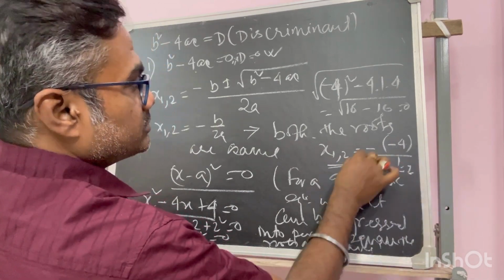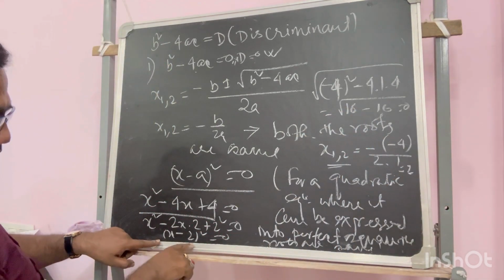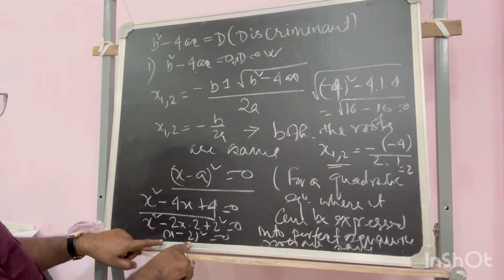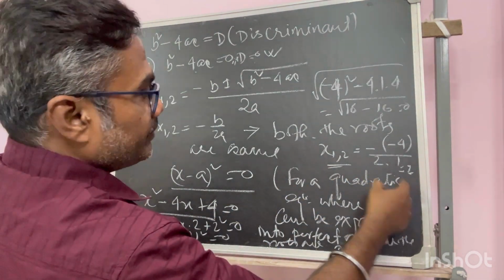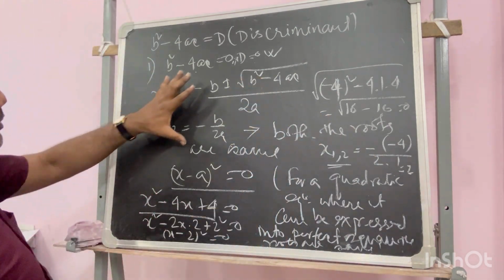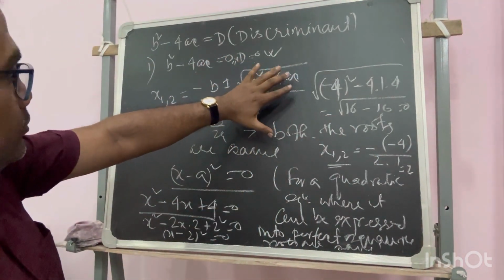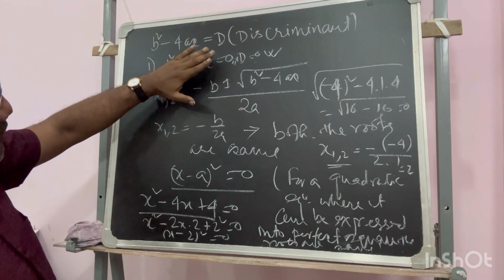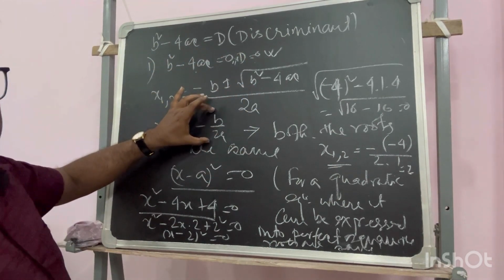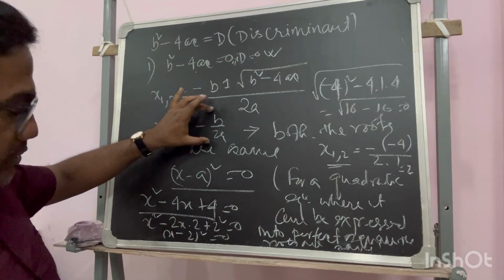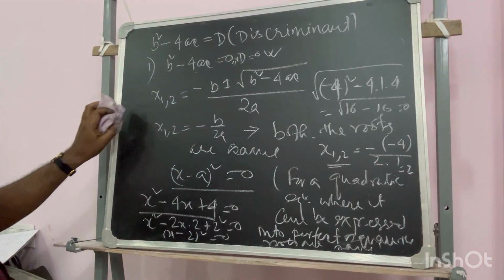Both the values are 2, so x is equal to 2 and x is equal to 2. So this expression can be used to directly calculate the value of the root if the discriminant is 0. Okay, this is the first condition.